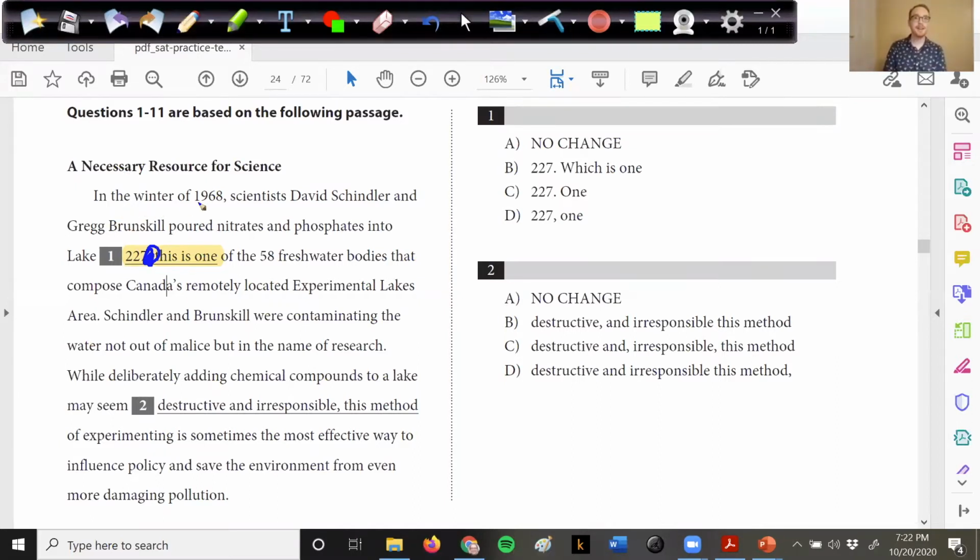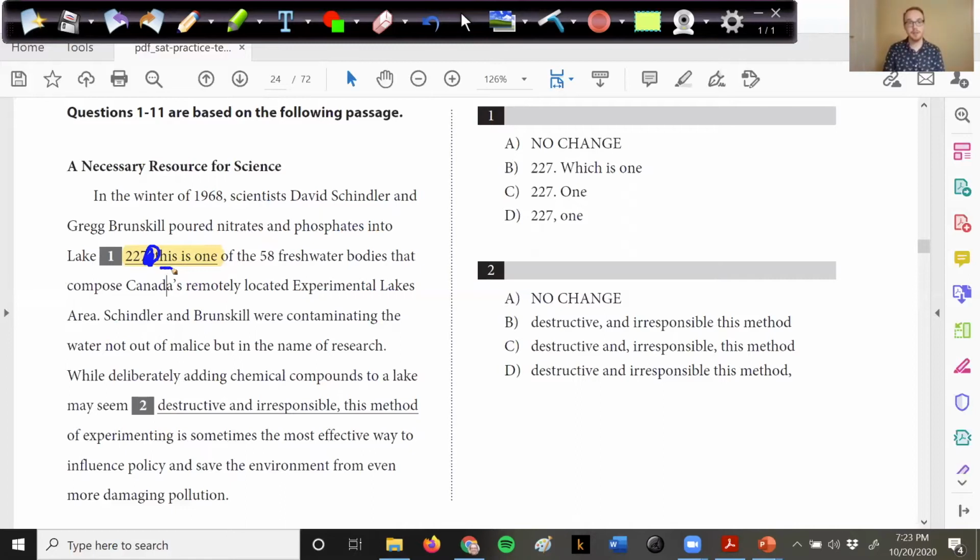So in the winter of 1968, scientists David Schindler and Greg Brunskill poured nitrates and phosphates into Lake 227. Oh, that kind of stands on its own. This is one of the 58 freshwater bodies that compose Canada's remotely located experimental lakes area. Yeah, that is also its own sentence.